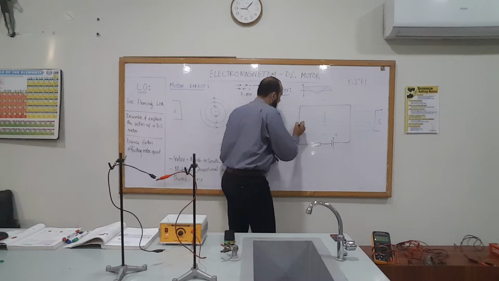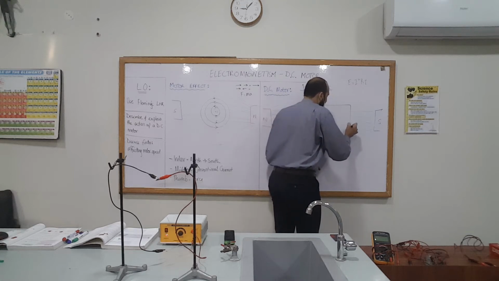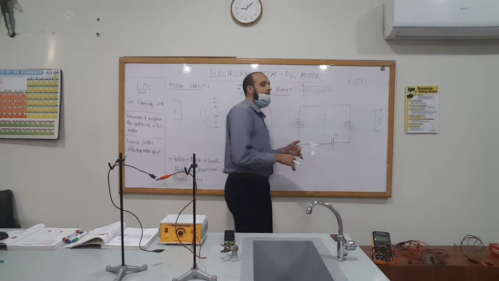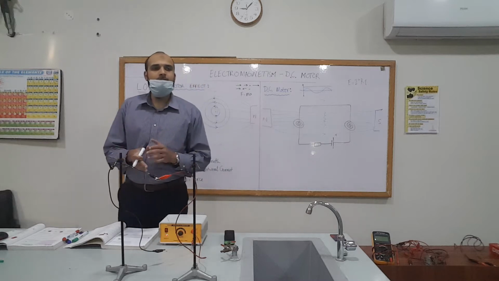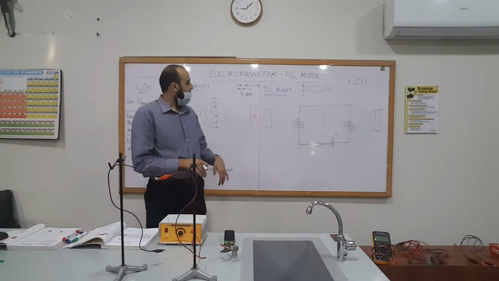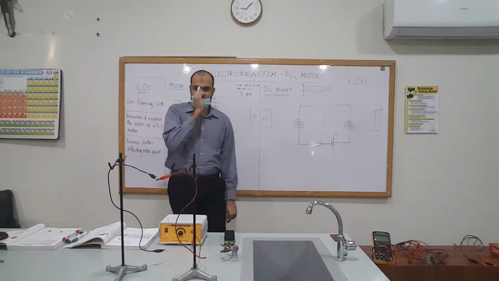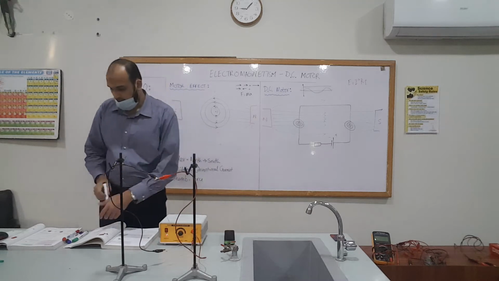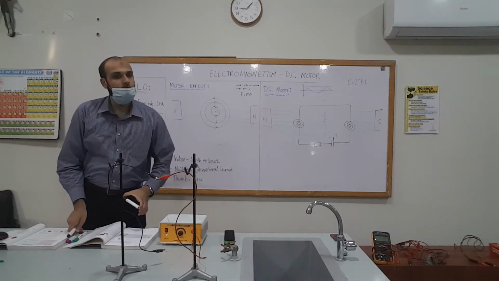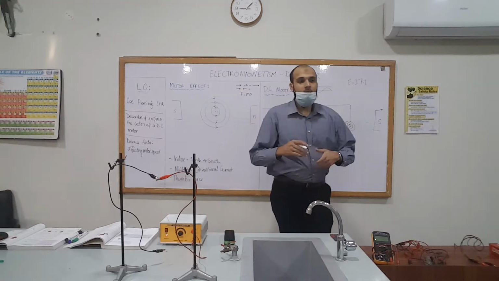Can you identify the direction of that magnetic field? So would it be the clockwise or the anti-clockwise direction? Where would it be? So follow the direction of the conventional current. So clockwise.